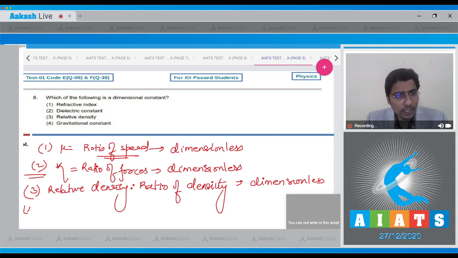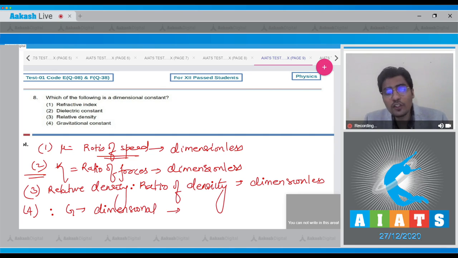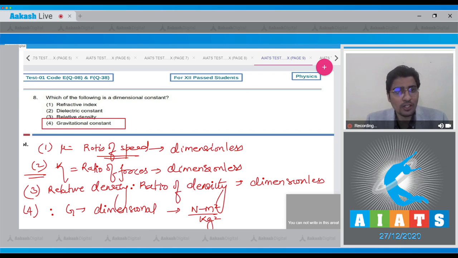The fourth option, that is the gravitational constant, which is represented by G, is actually a dimensional constant. It also has a unit which is equal to Newton meter square by kg square. And hence for this question, dear student, the correct answer should be option number 4. Now let us proceed and solve question number 9.